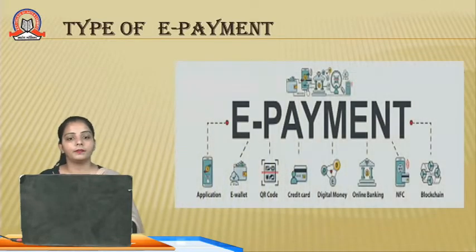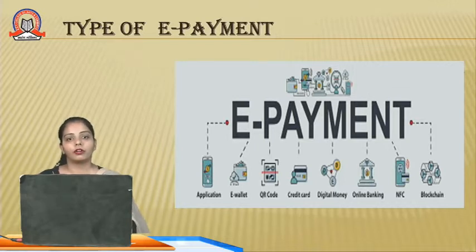See the diagram. In e-payment, some applications are there like Google Pay, Phone Pay, Paytm, PayPal. Different applications you can use to transfer the amount from one bank account to another bank account, from one user to another user. Next is e-wallet. E-wallet is nothing but an electronic wallet. Nowadays we are shopping online, buying and selling products on applications.